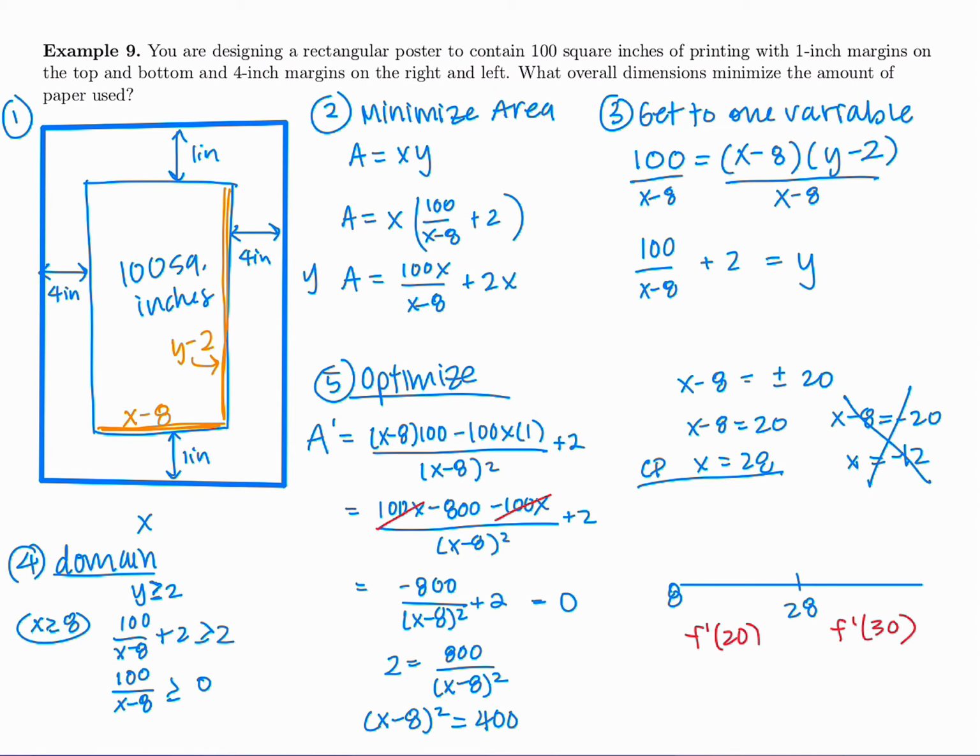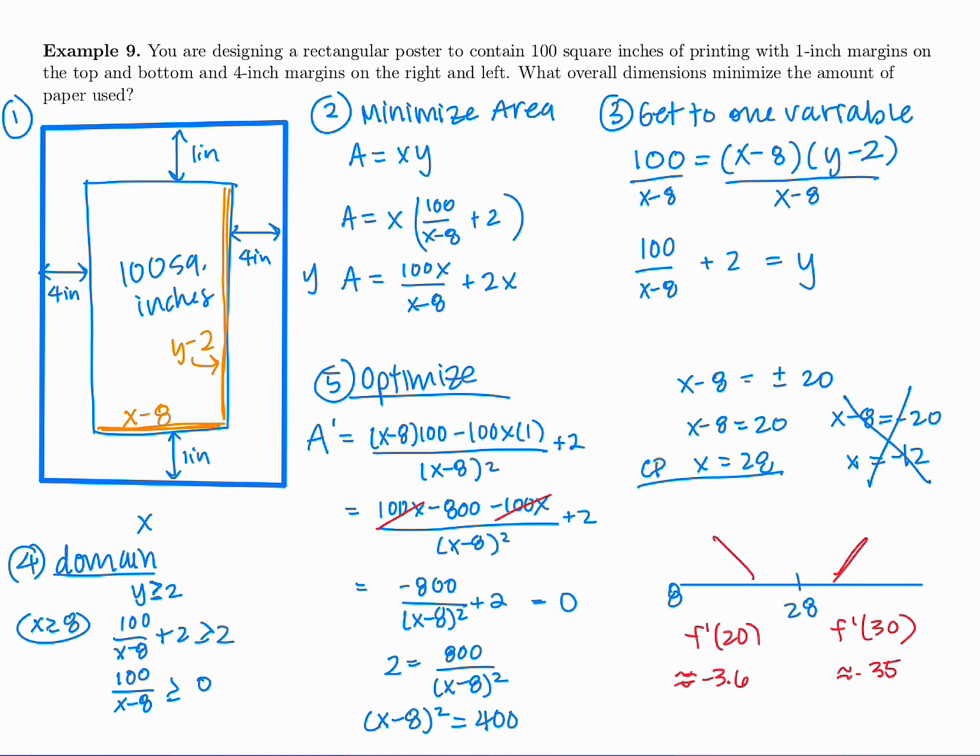When I add that 2, it's still going to be negative, about negative 3.6. So that is decreasing. And then if I plug in a 30, I'll have negative 800 divided by 30 minus 8, so that's 22 squared, and then I'm going to add 2. When I did that one, I get an answer of about 0.35, and that is positive.